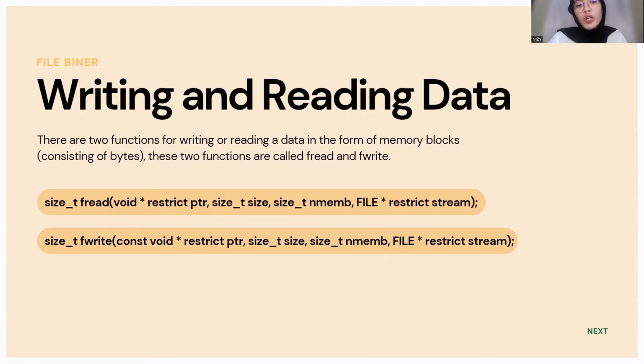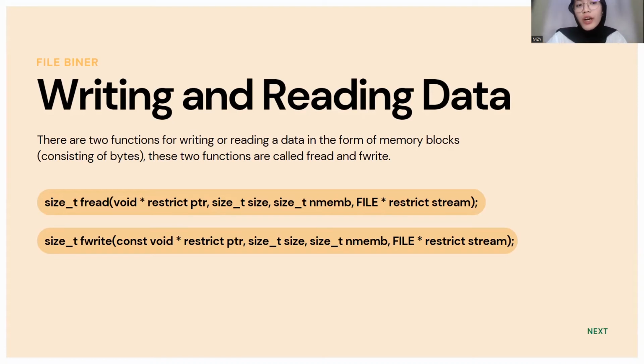The first one we got is size_t fread(void *restrict ptr, size_t size, size_t nmemb, FILE *restrict stream); And don't forget, at the end of the function, we must add a semicolon.